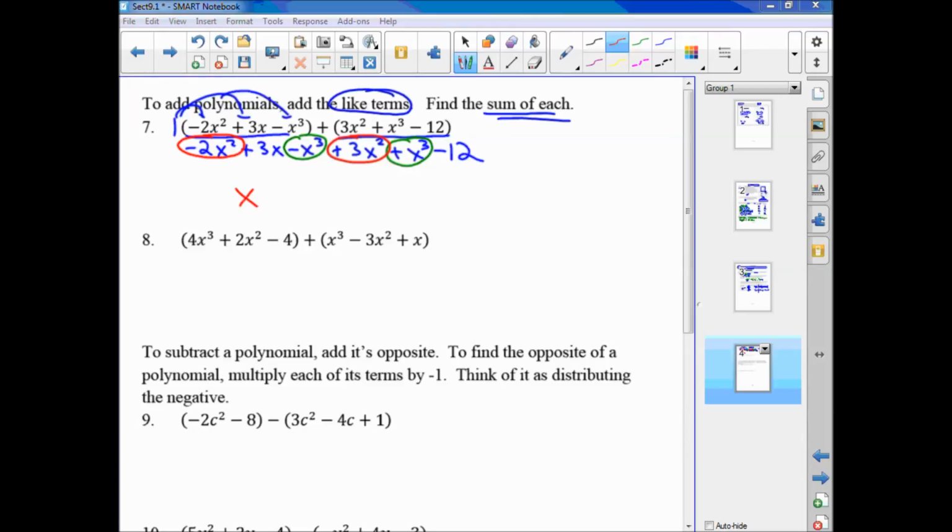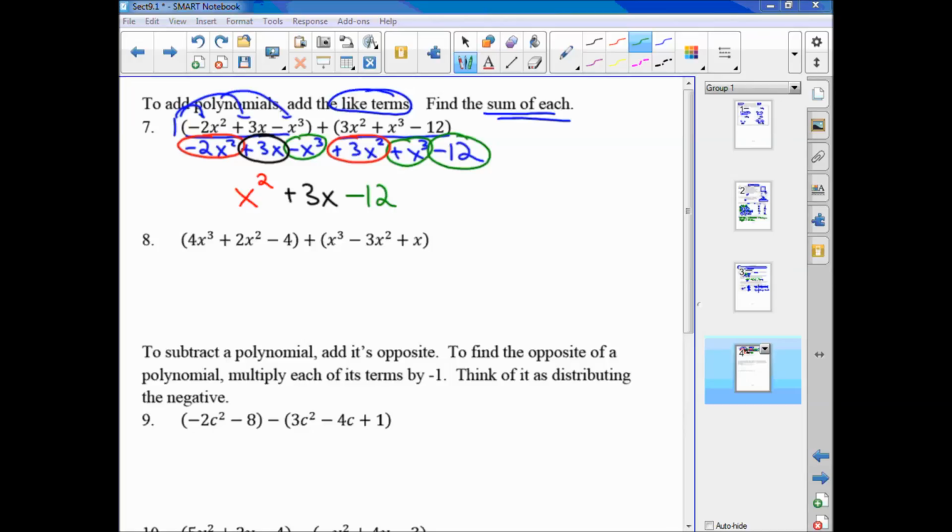So negative 2 plus 3 is 1, and put the x squared back so we don't write the 1. And then we have this next one, which is degree 1. So we put the plus 3x. And then lastly, we have this one on the end here. Constant term has no buddies either, so we put them down here. Okay, so we end up with a new trinomial, but this trinomial is only degree 2, whereas originally we were doing a trinomial at degree 3 plus a trinomial with a degree 3.